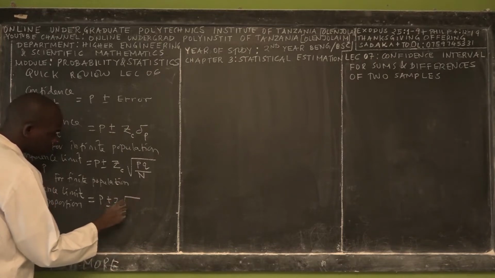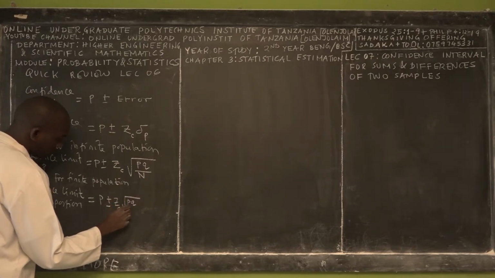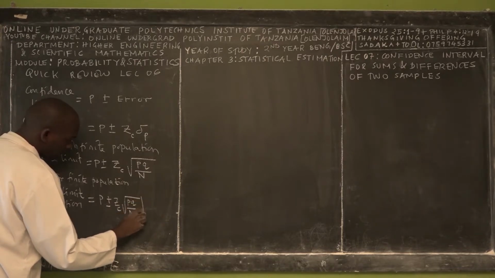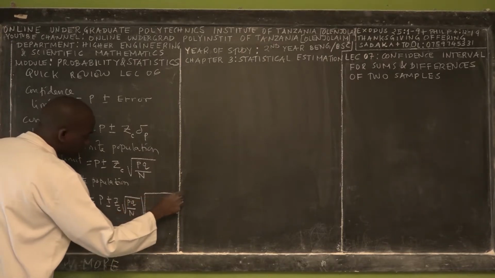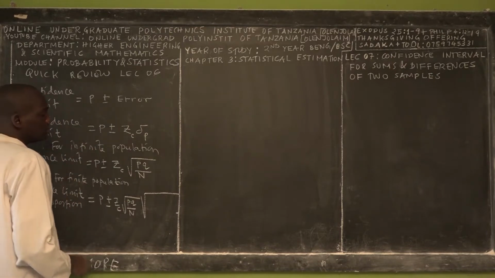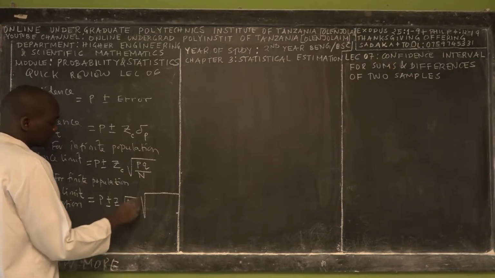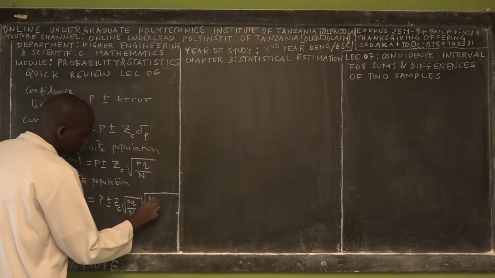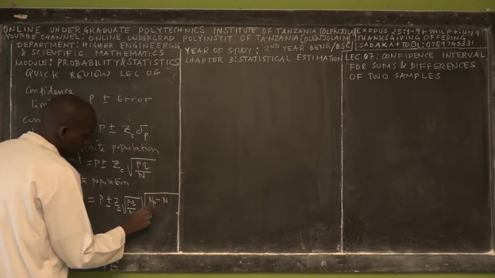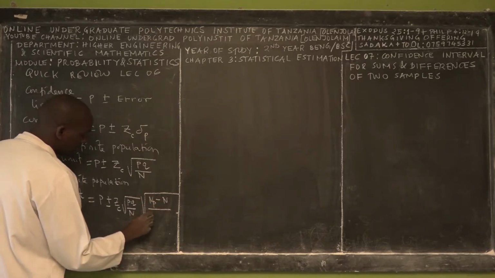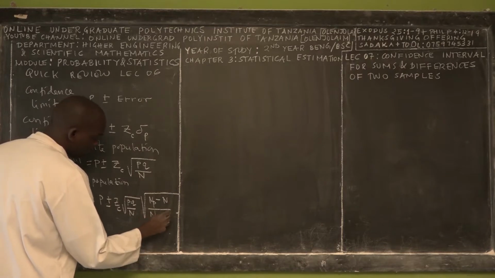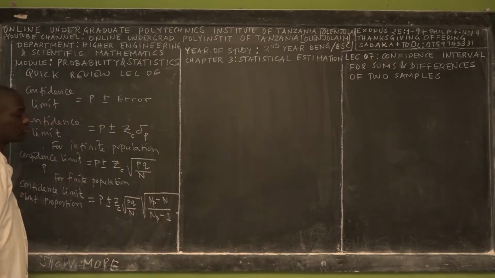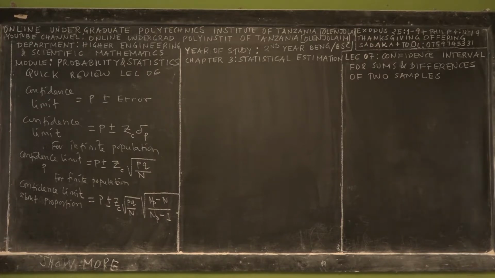Then you have the square root of probability of success times probability of failure over sample size. And then we have the square root of population size minus sample size, over population size minus 1. So this is the formula that we have taught you.